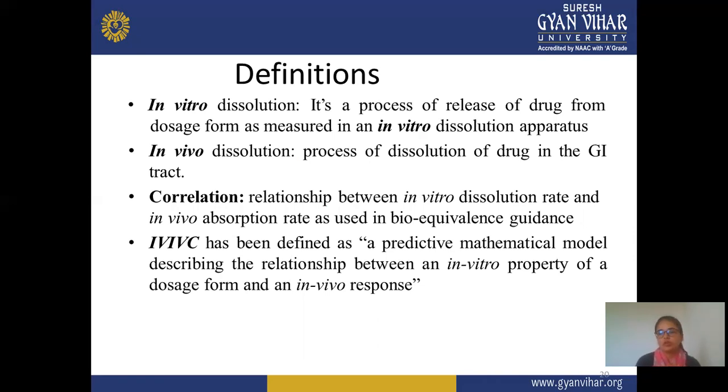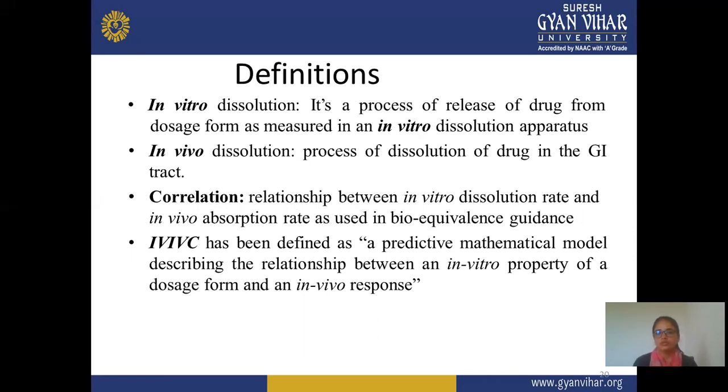Means first you should know what is in vitro and what is in vivo. In vitro means you study the drug release with the help of a dissolution model. In vivo means dissolution of the drug in the GI tract with the help of some animal or human being. After this, to study in vivo and in vitro, we check the dissolution process in both, and the relationship is known as IVIVC.